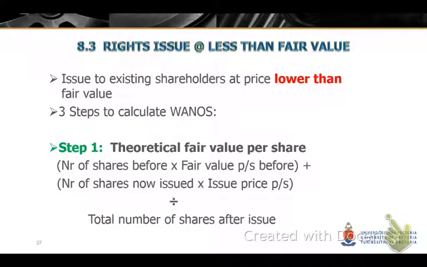So what you're going to do is take the number of shares currently in issue, before this new issue, at the current fair value. Add to this amount the number of shares that you are going to issue at the issue price. After you've added it together, you will divide this by the total of the number of shares that were in issue before plus the new issue. Let's have a look at the example.